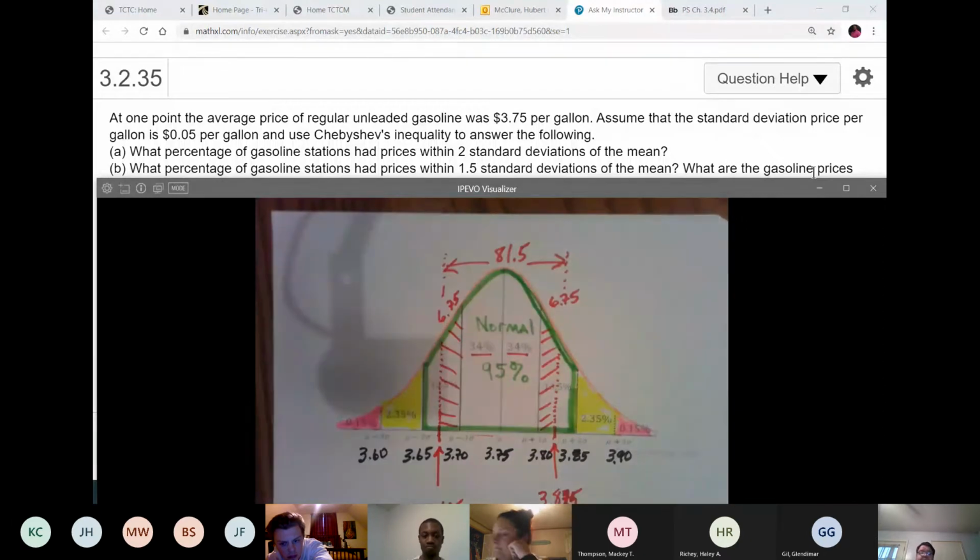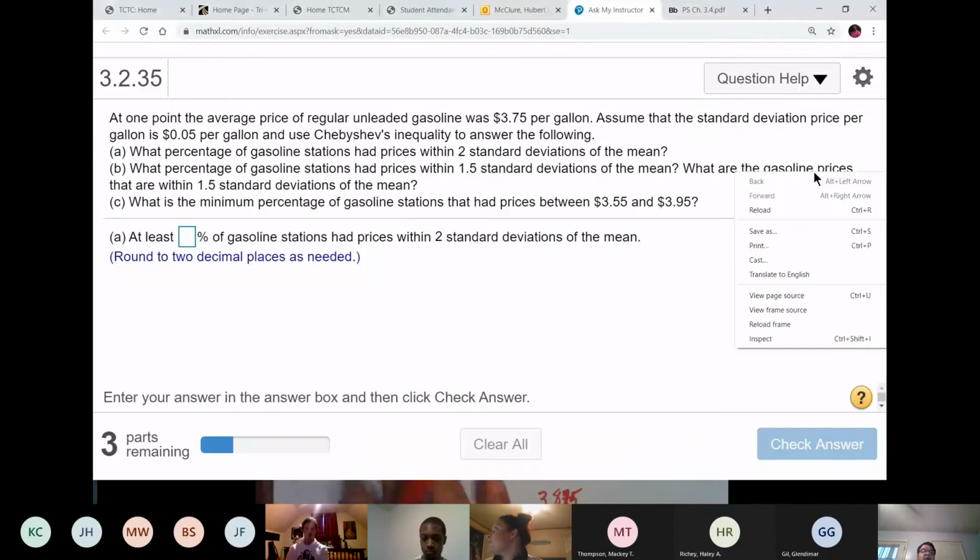And then the last one says, what is the minimum percentage of gasoline stations that have prices between 355 and 395? I'm going to do this in another color. Where is 355? 355 is way down here, and 395.